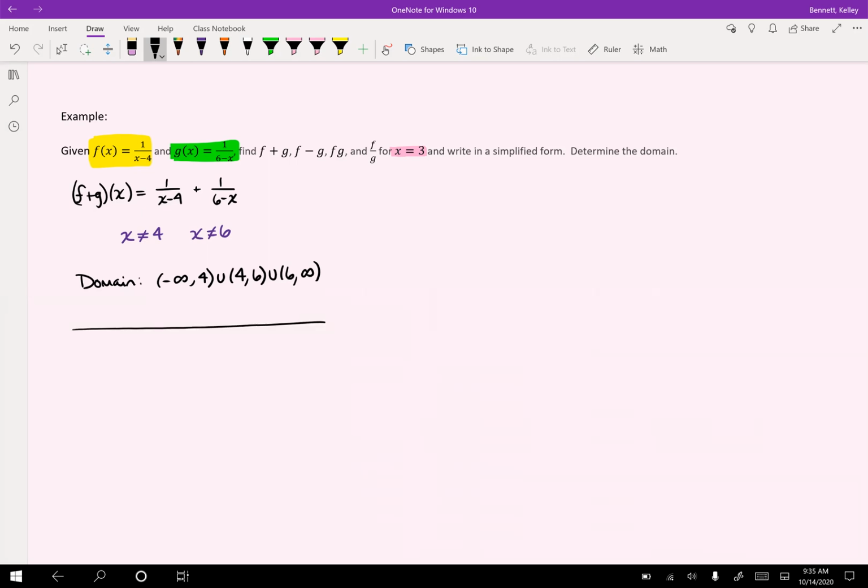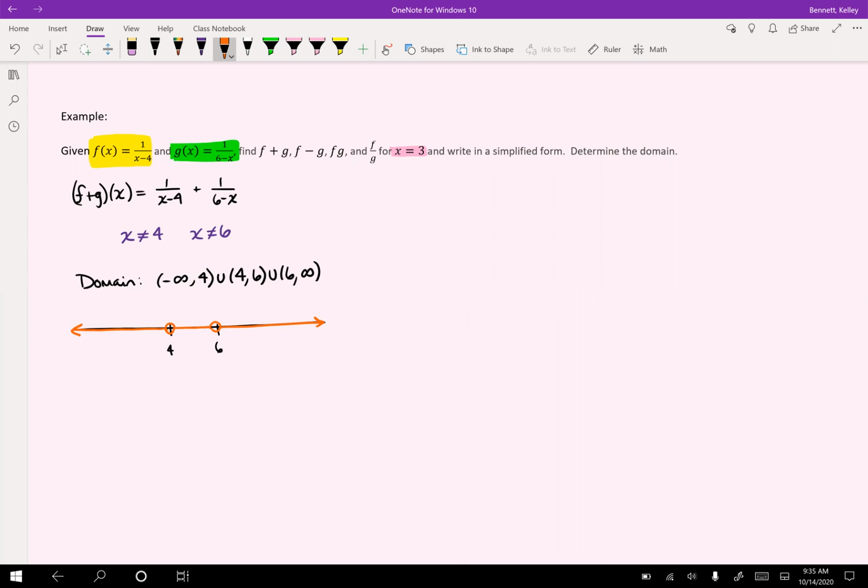So if you have 4 and 6, then your number line, if you were to graph it, it's just these 3 segments here, right? So you're just saying, I'm cool with any value for x, except for 4 and 6.